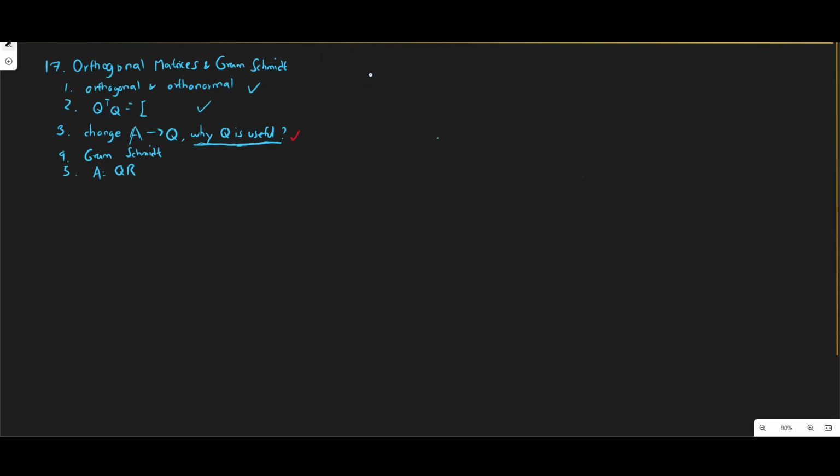The idea of Gram-Schmidt is: what if we have a set of independent vectors? Let's say, I hope these are independent.